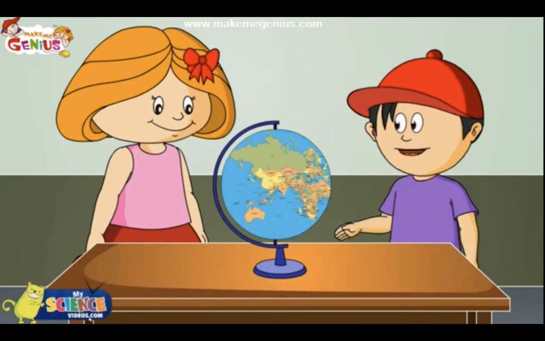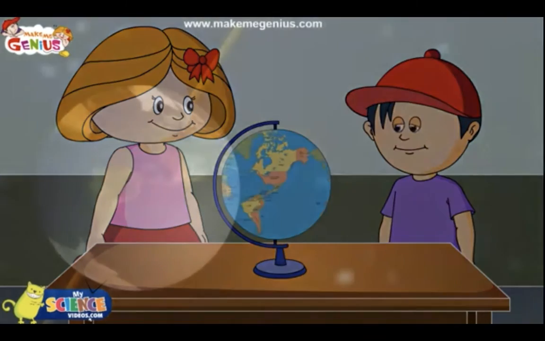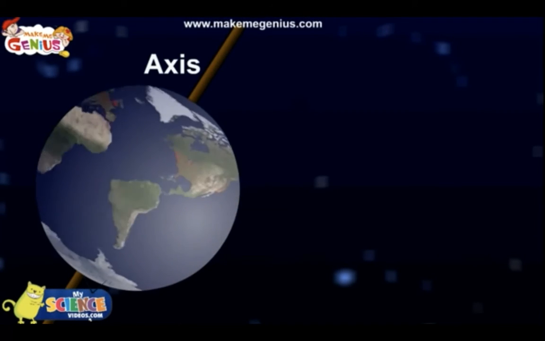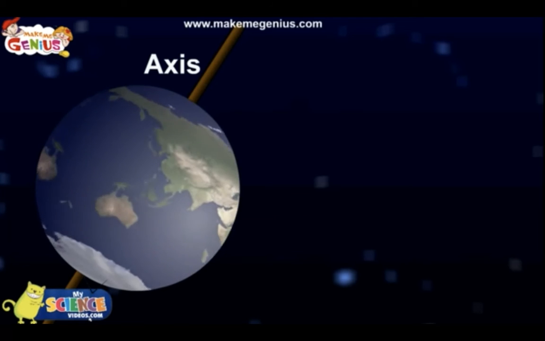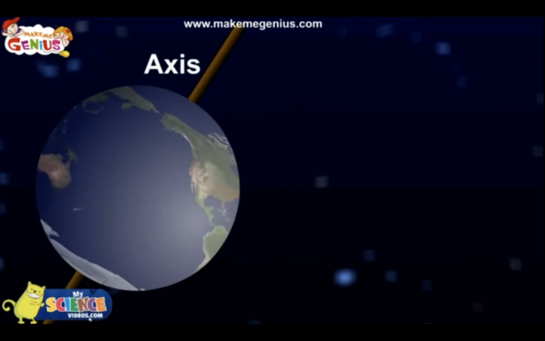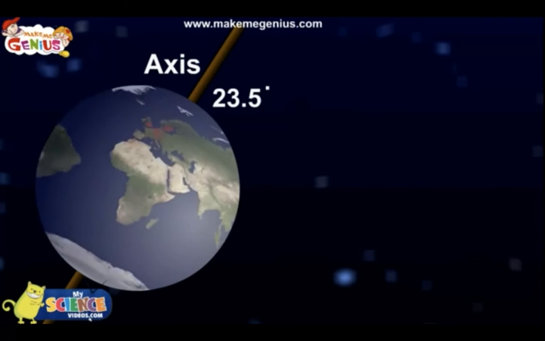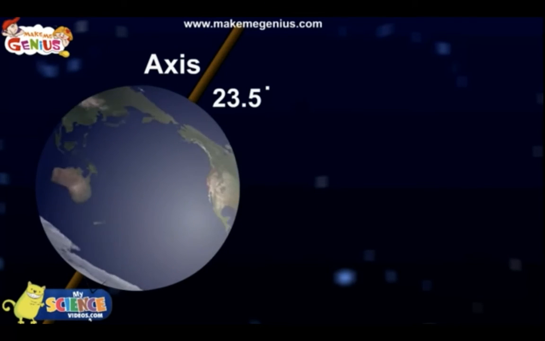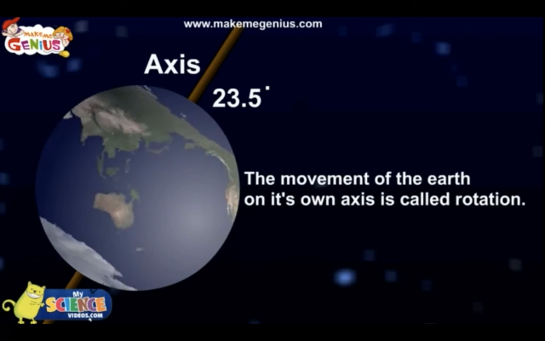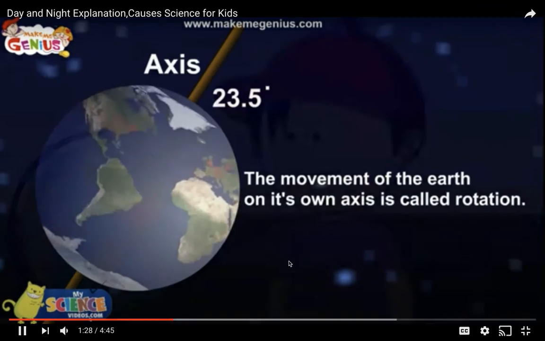Wow! So the earth has an axis? The earth's axis is an imaginary line that runs through the poles of the earth. And as I see in the globe, the axis is tilted at an angle. Yes, at 23.5 degrees. And the movement of the earth on its own axis is called rotation.